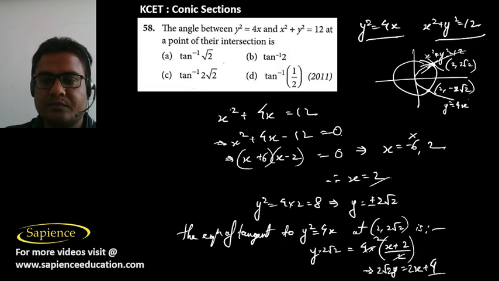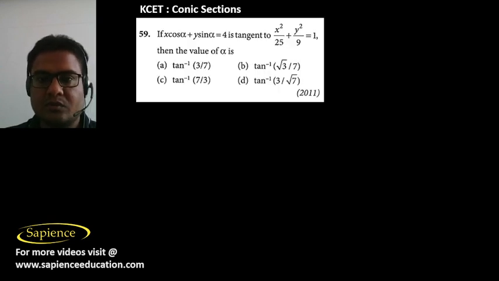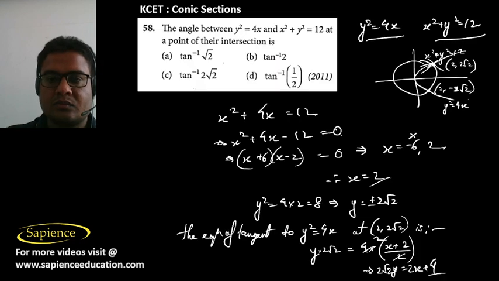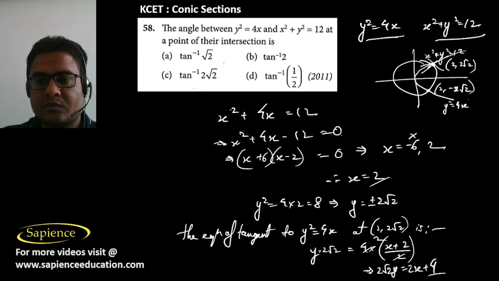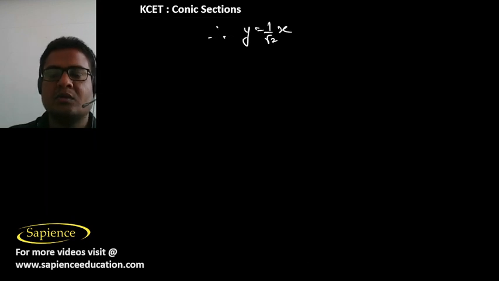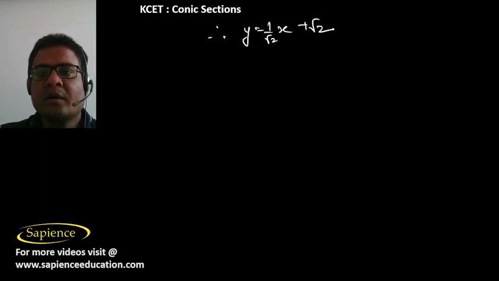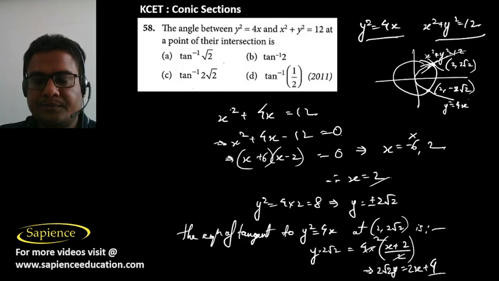Now this can also be written as y equal to 2 by 2 root 2, that is 1 by root 2, x plus 4 by 2 root 2, that is root 2. So y equals 1 by root 2 x plus root 2.